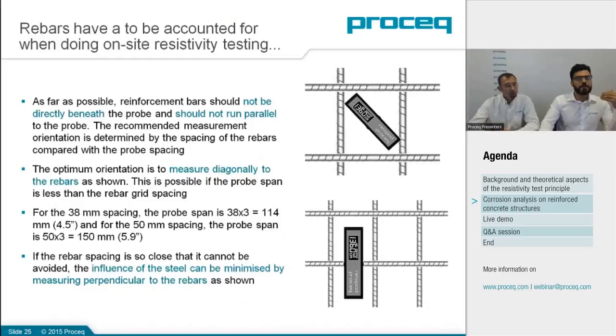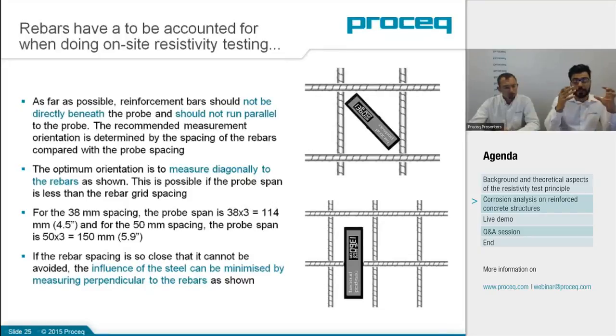So when it comes to doing surface resistivity tests, after locating our rebars and finding out about the cover, we need to know how to do the measurements. Best way is to make sure that the rebars are not directly beneath our probes and should not run in parallel to our resistivity probes as well. And as much as possible, we should try to measure diagonally to the rebars.